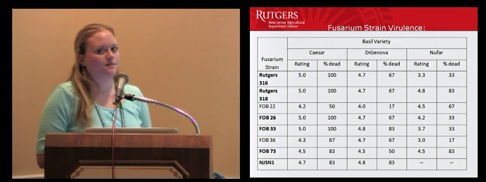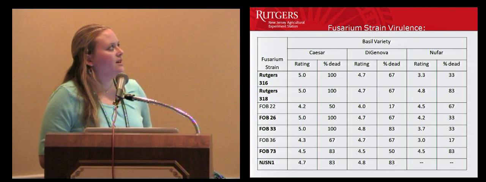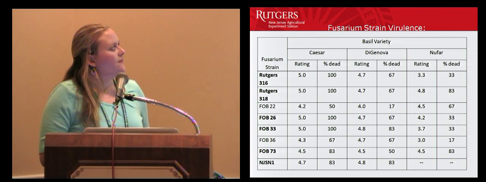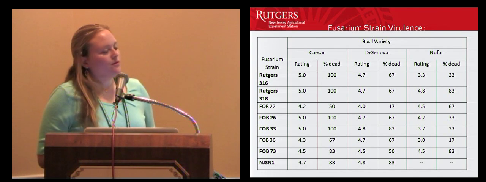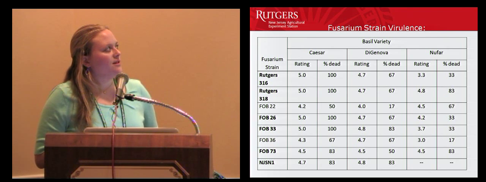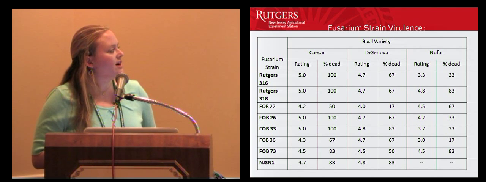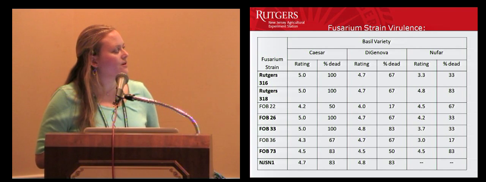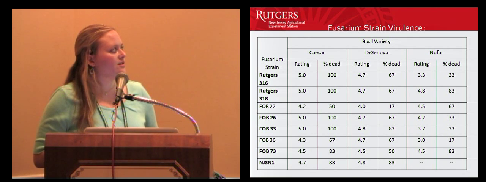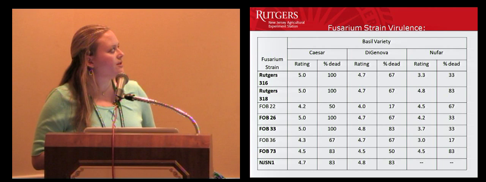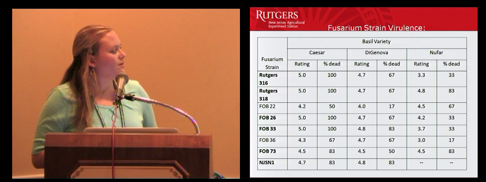So this is an example of the strain virulence. With 3 commercial varieties, we have Caesar, DeGenova, and Nufar. As you can see, with all of these lines, there were significant amounts of plant death observed after the inoculations, especially with the Rutgers lines, a few of the UMass lines, and that's another New Jersey line.